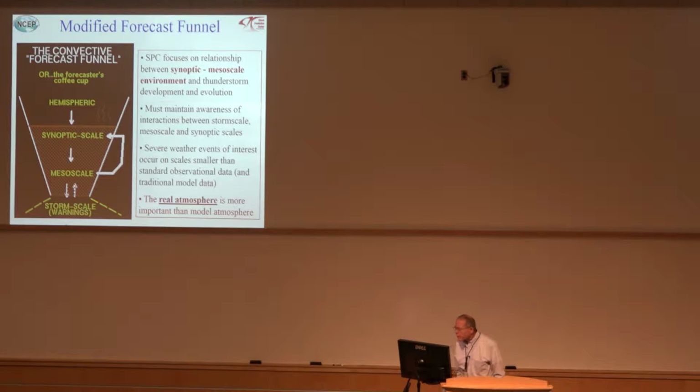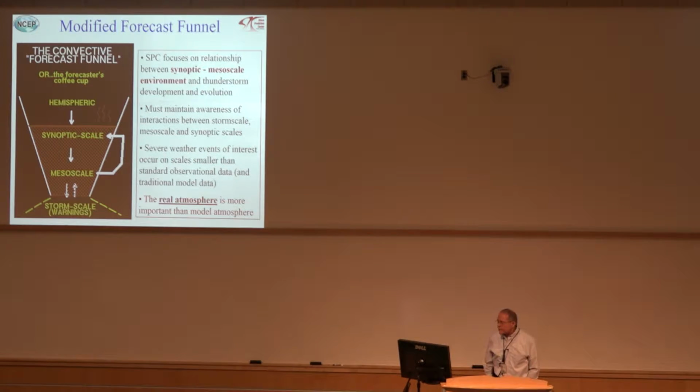So we're not really talking about those. But because we're forecasting severe weather events that occur on scales typically smaller than models can replicate or resolve, and smaller than the standard observational network, we have to infer what's taking place on the smaller scales from the somewhat larger scales.